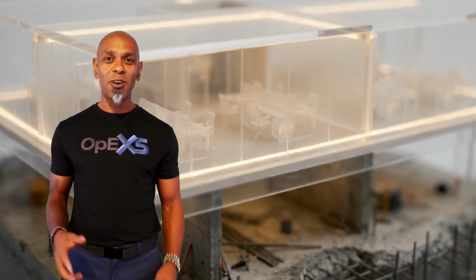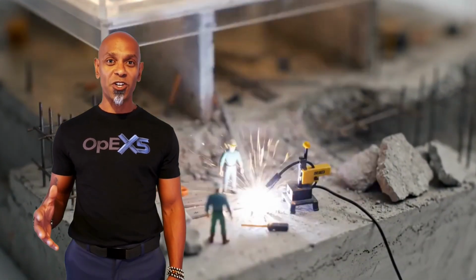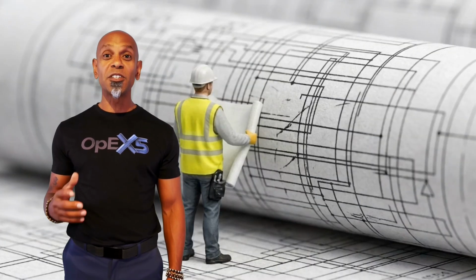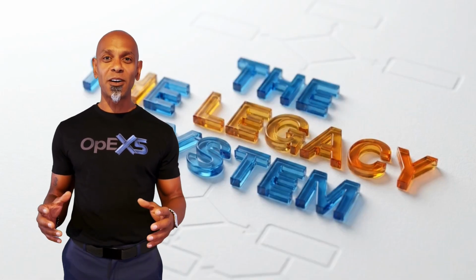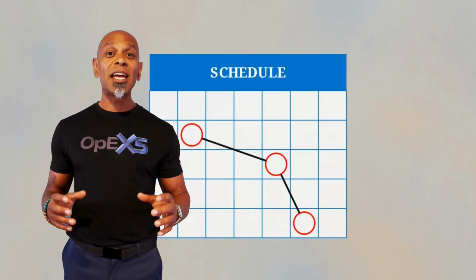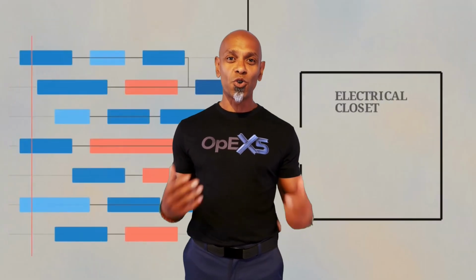Before we look at the workflow, let's address the root cause of project chaos. For half a century, the critical path method, CPM, has been the standard. It is brilliant at calculating contractual deadlines, but it has a massive blind spot. It does not inherently understand space or trade flow.